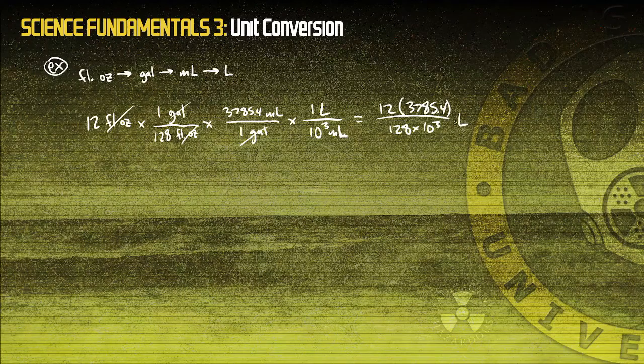That's going to be in liters, and so that's going to give 0.35 liters. So you get the answer in a very convoluted way, because I just wanted to show you how to convert between all the different volumes.